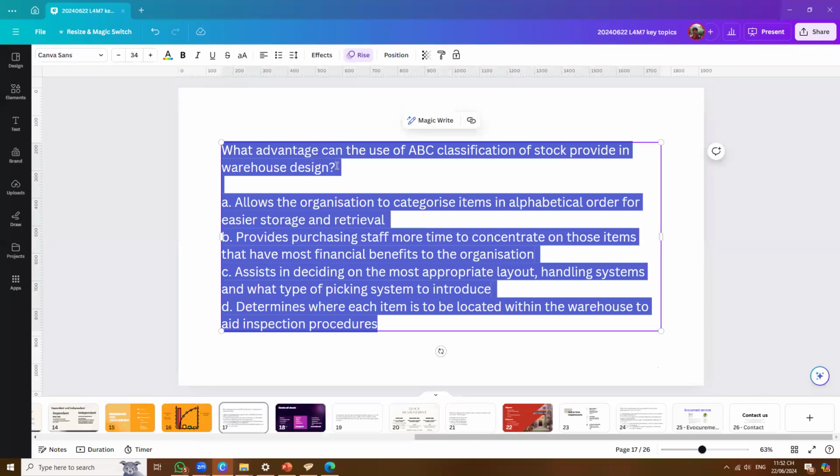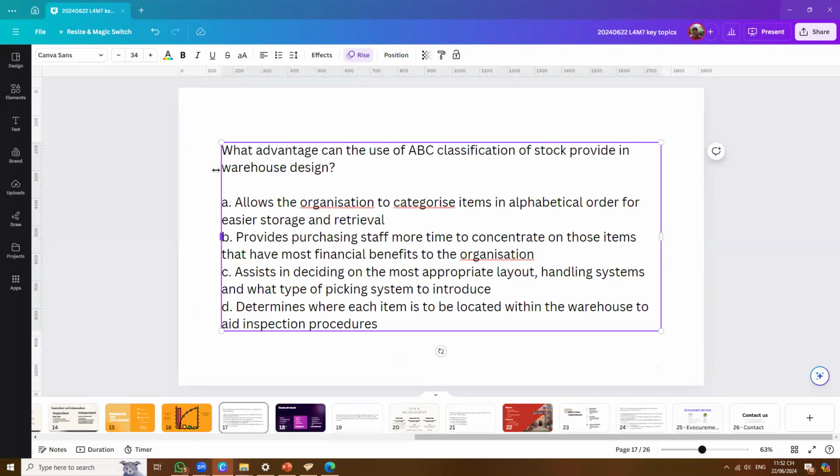I think the keyword here is, we have two keywords. First, ABC classification. I will highlight it by making it bolder. And second, in the warehouse design. Not in management of the inventory, not in allocation of time, not in sorting the inventory, not in inspection, but in warehouse design.